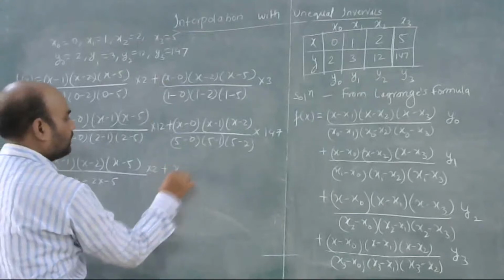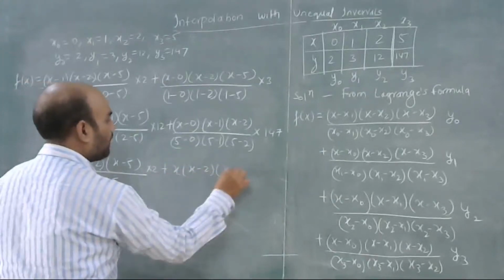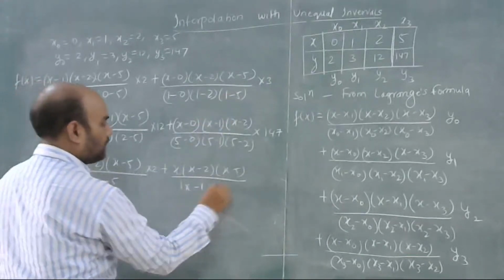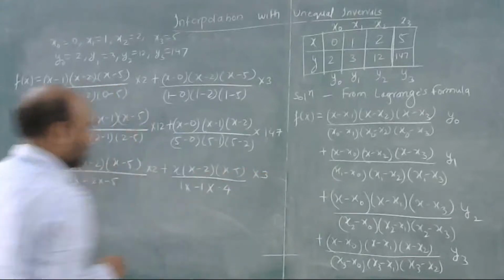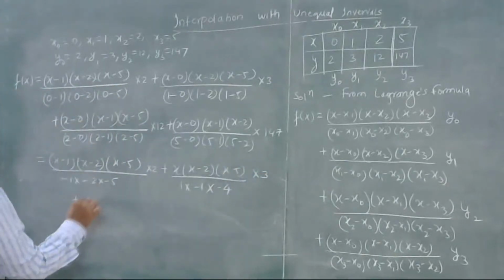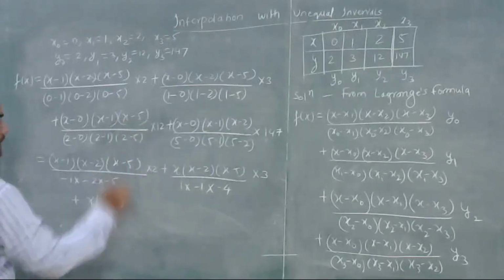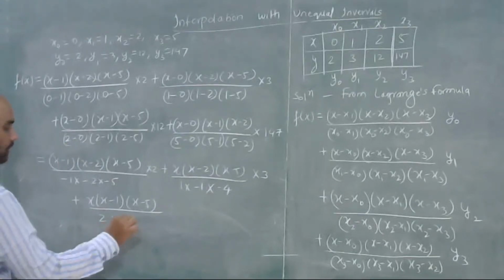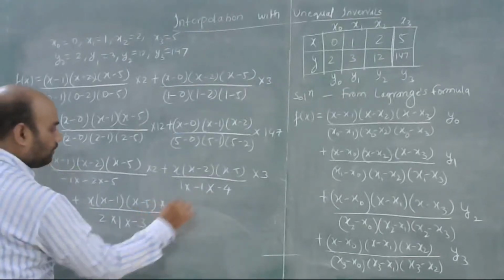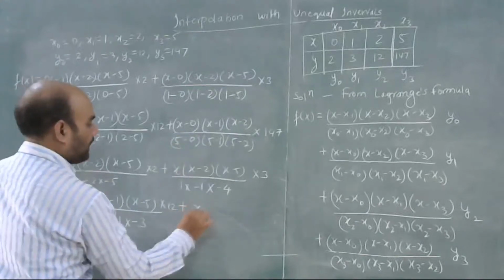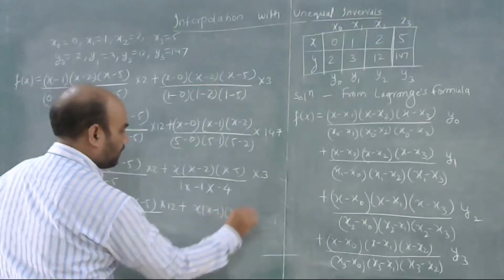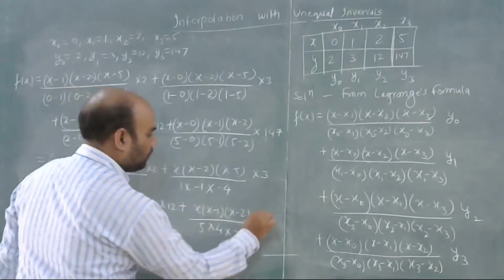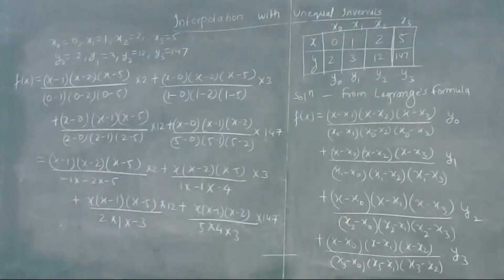Plus x minus 2, x minus 5 divided by 1 into minus 1, 1 minus 5 is minus 4, into 3. Then x minus 1, x minus 5 whole divided by 2 into 1 into minus 3, into 12, plus x into x minus 1, x minus 2 divided by 5 into 4 into 3, into 147. Okay.